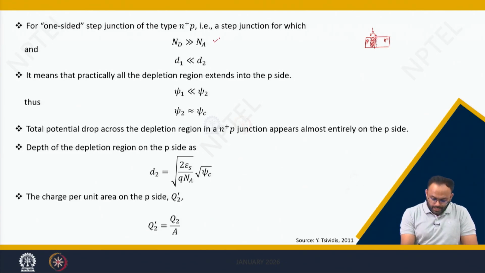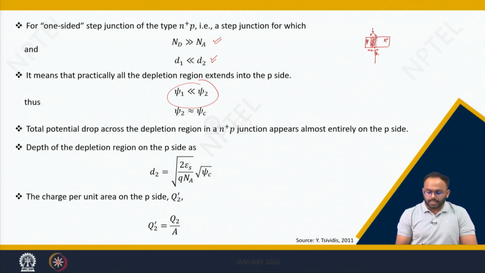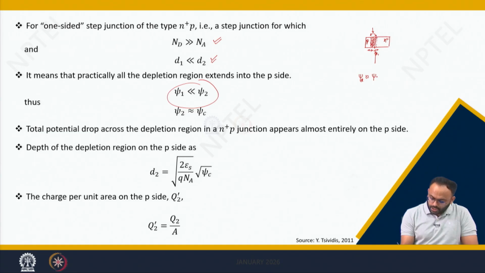If Nd is greater than Na, then we can simply say the expansion D1 is very small compared to D2. So psi 1, the potential drop across D1, is very, very small compared to the potential drop psi 2. So psi 2 is nothing but the total voltage drop across the depletion region.